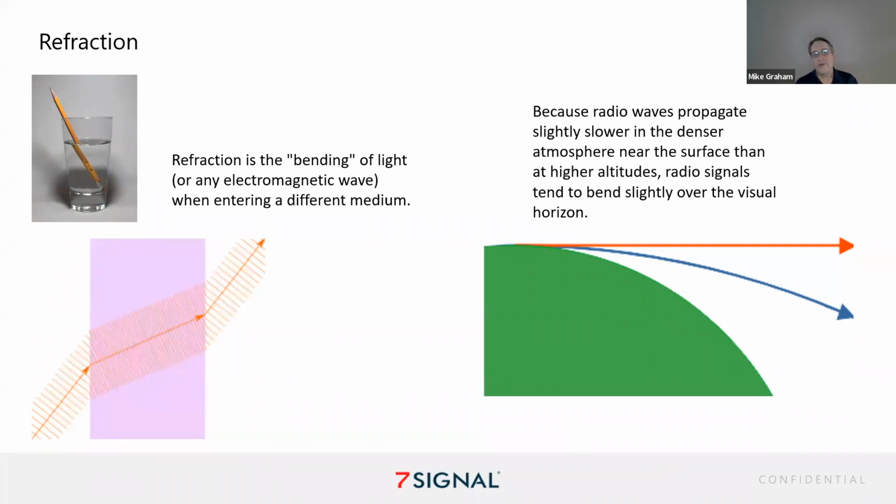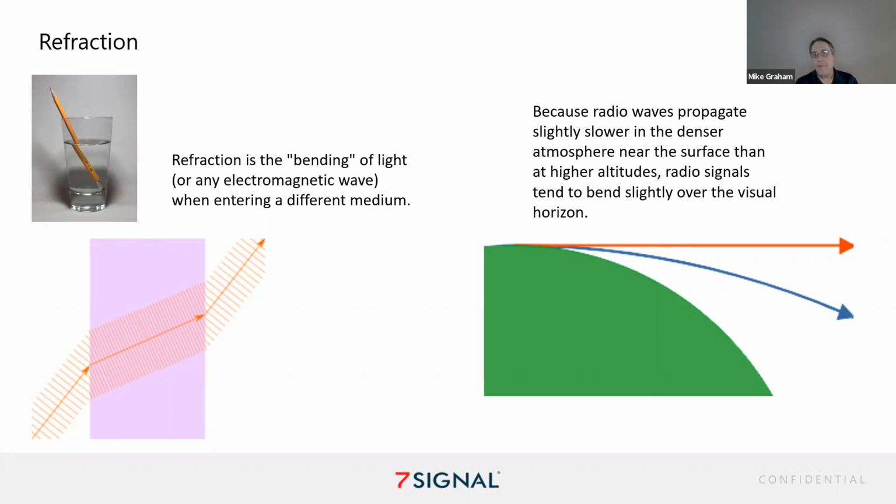And really what we're talking about with refraction is that whenever an electromagnetic wave or any wave phenomenon moves into a medium with a different velocity of propagation, the frequency isn't going to change, so the wavelength has to, and that forces it to bend. So you get this effect like we see down here in the corner as you move in and out of different media with different velocities of propagation.